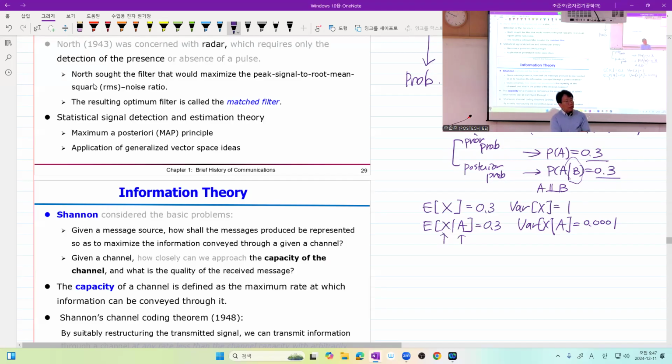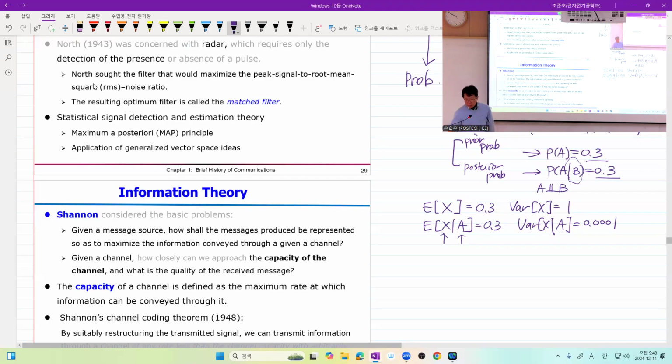You observe something like this. What can you say? You may logically say that now this value x is very likely to be around 0.3 with very small error because the variance is very, very small, right? So by using this statistics or probability theory, you can say more than before.